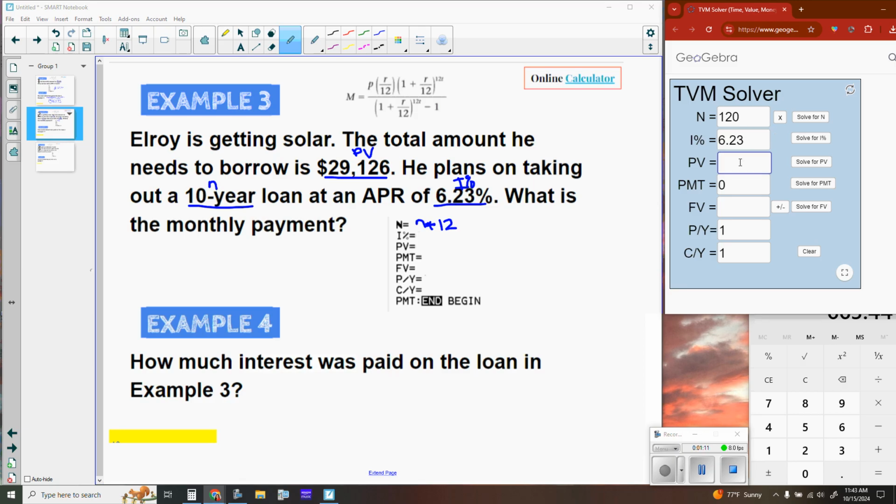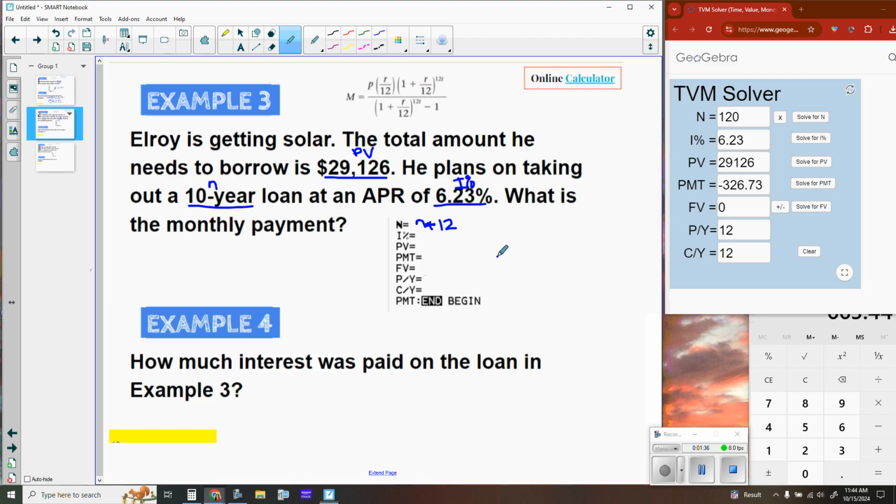The PV amount that I'm borrowing, 29,126. My FV is 0. PY and CY are going to be 12 each. And then I'm going to go up to my PMT because I want to know what my monthly payment is. And I'm going to go ahead and do alpha enter to calculate the payment.